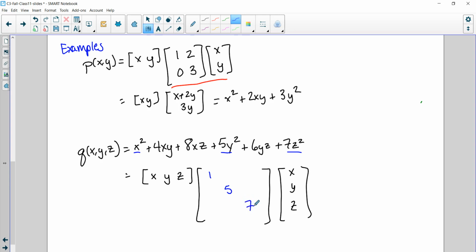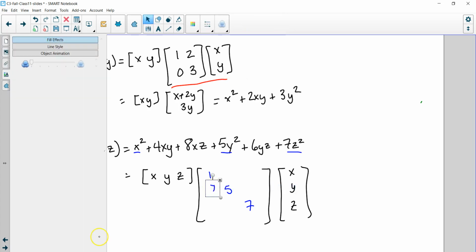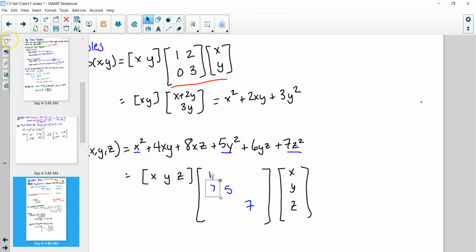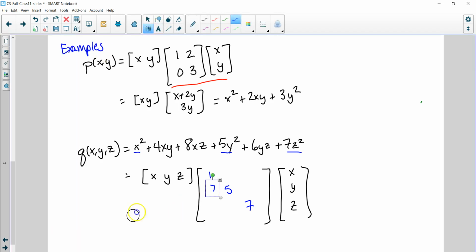Also, if you go back up and look at the definition, the matrix is actually upper triangular. So the matrix is upper triangular, and I should have zeros below the diagonal.